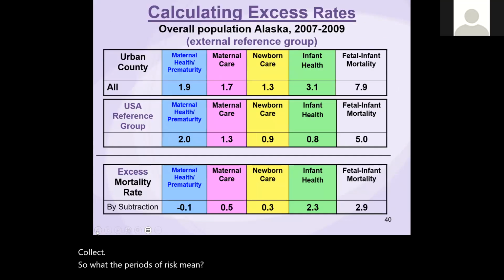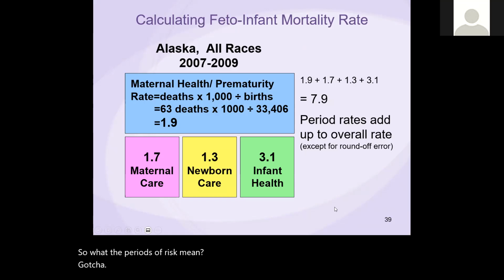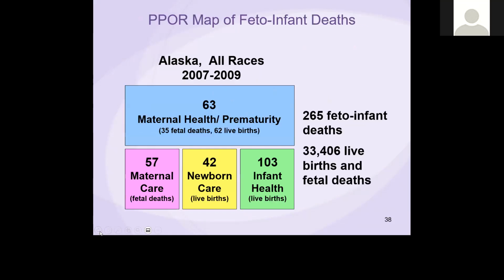Yeah, one more slide back, I think. Yeah, here. So I calculated 63 as the maternal care, not the maternal health prematurity, based on Table 1 in the homework. And so clearly I was mixing something up, but I thought maybe I wasn't the only one. And if you could go over that, that would be helpful.